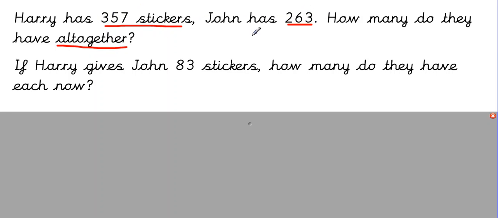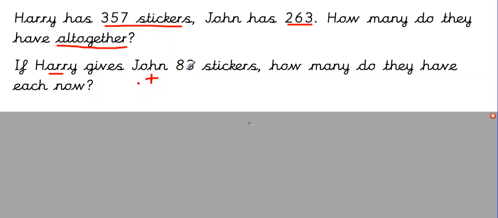The second part of your question then says, if Harry gives John 83 stickers, how many do they have each now? Okay, so Harry is going to give John 83 stickers. So he's giving them, so we are going to take them away from Harry, and he gives them to John. So because he's giving them to John, that means that we're going to have to add on to John's total, doesn't it?